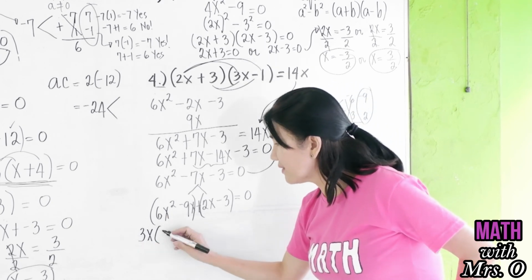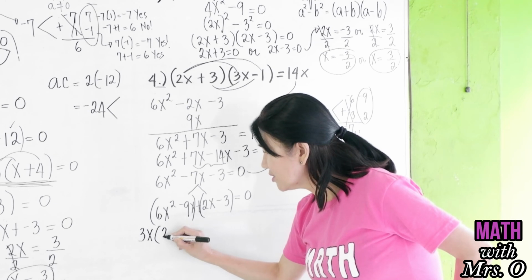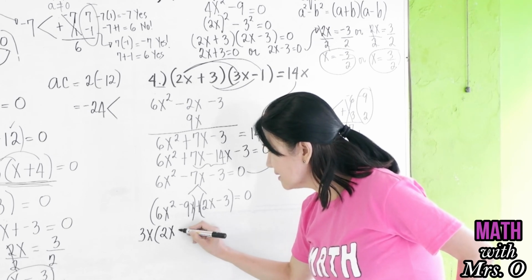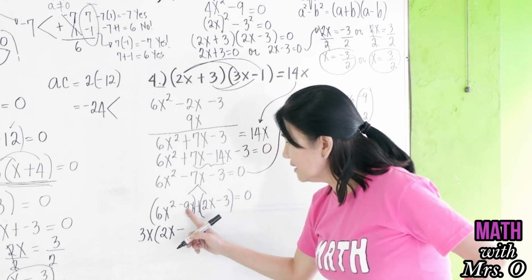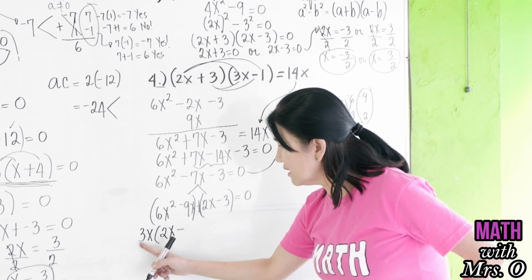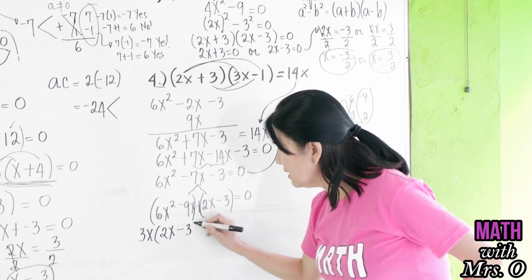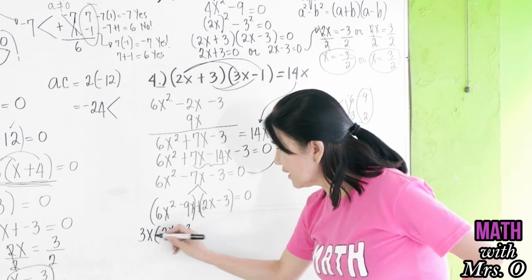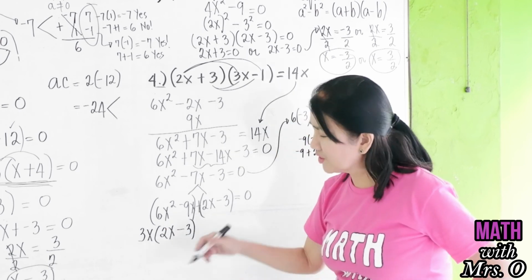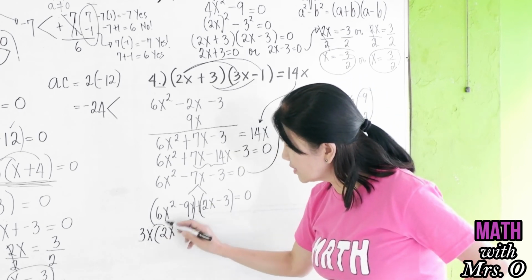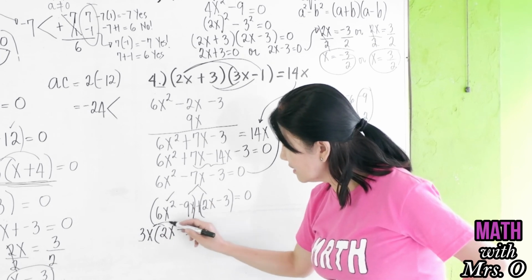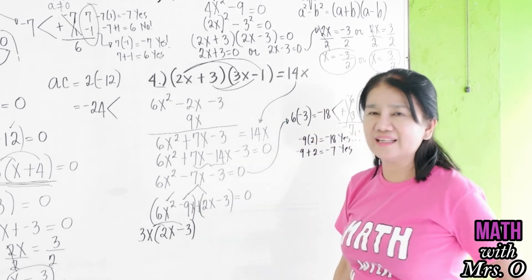6x squared divided by 3x is 2x. Negative 9x divided by 3x gives you negative 3. Check again. 3x times 2x is 6x squared. 3x times negative 3 is negative 9x.